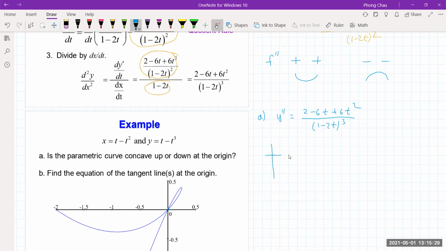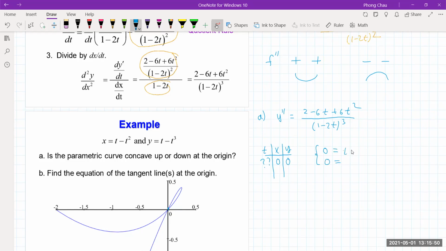So you see we kind of go backward here. If you know x is 0 and y is 0, can you figure out what t is?